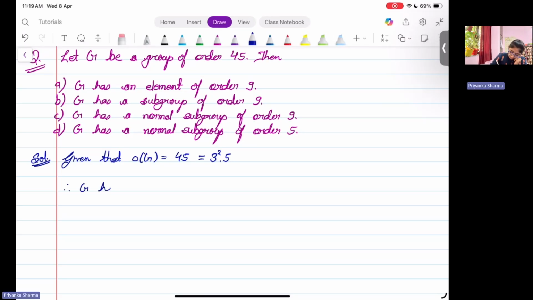Therefore, G has 3 Sylow subgroups of order 3 squared, that is 9, because 3 divides the order of G, 3 squared divides the order of G, but 3 cubed doesn't divide the order of G. That's why the order of a 3 Sylow subgroup of G will be 9.